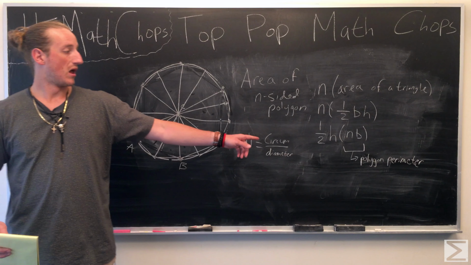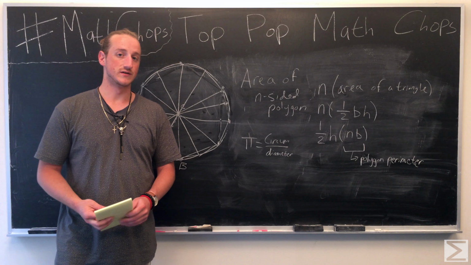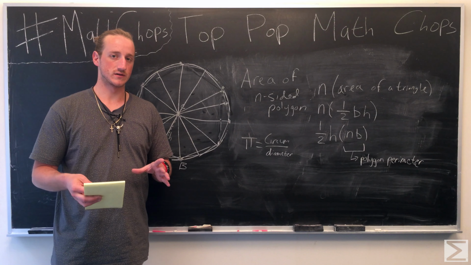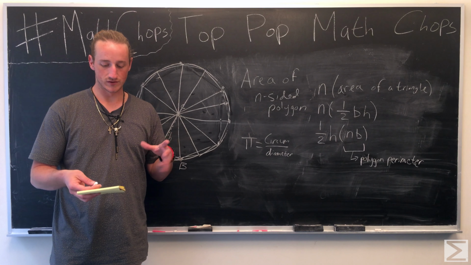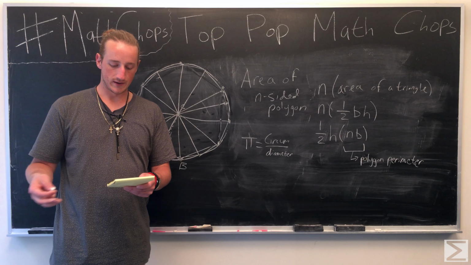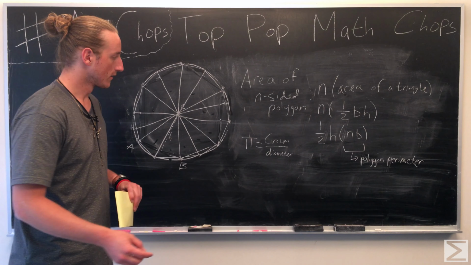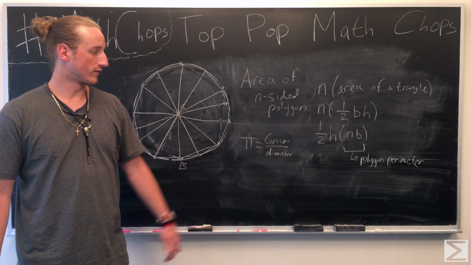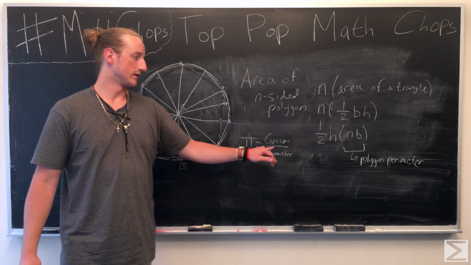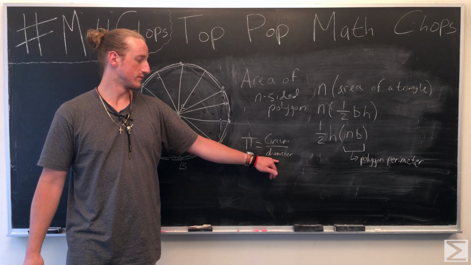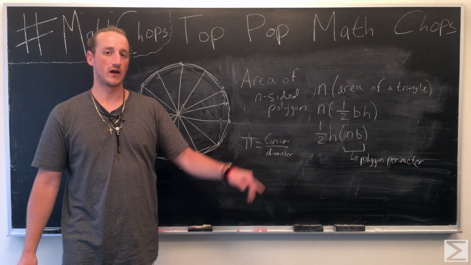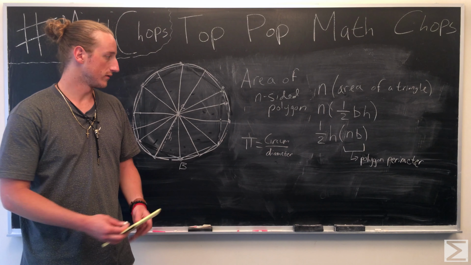And so the polygon perimeter is the circumference of the polygon, which gives us a better idea of the circumference of the circle. So to find a way to plug pi into this formula, he had the circumference, but he was dividing this by the diameter. So we had to multiply by the diameter to get this base formula.